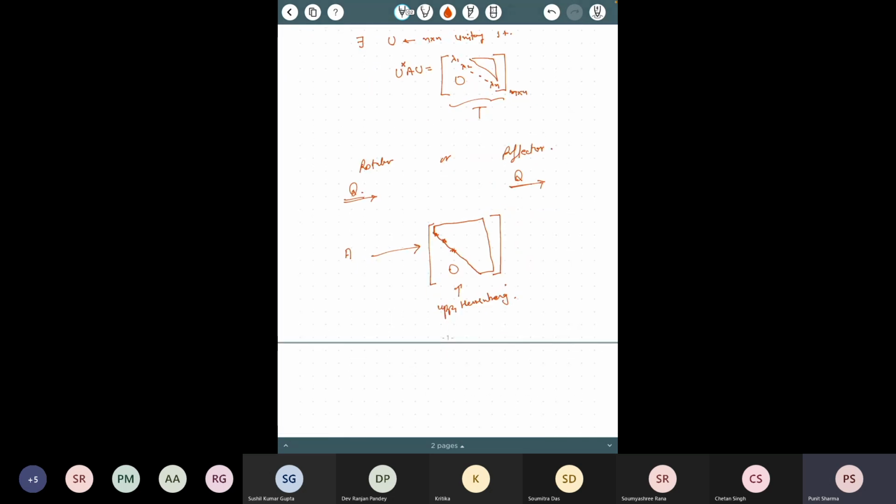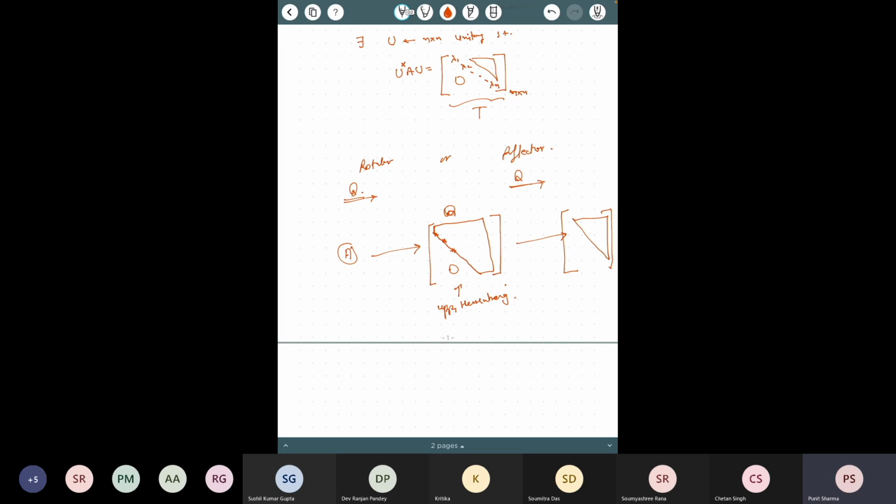You can use these rotators and reflectors to convert A into this kind of matrix, upper Hessenberg. You can always convert your matrix A into an upper Hessenberg, but from upper Hessenberg to upper triangular, that means you ultimately want to achieve this upper triangular form using similarity transformation.